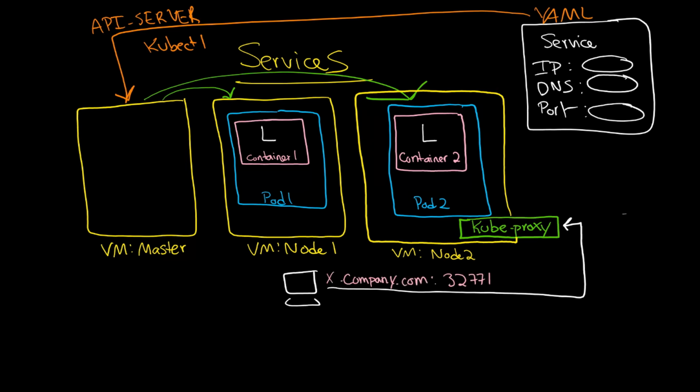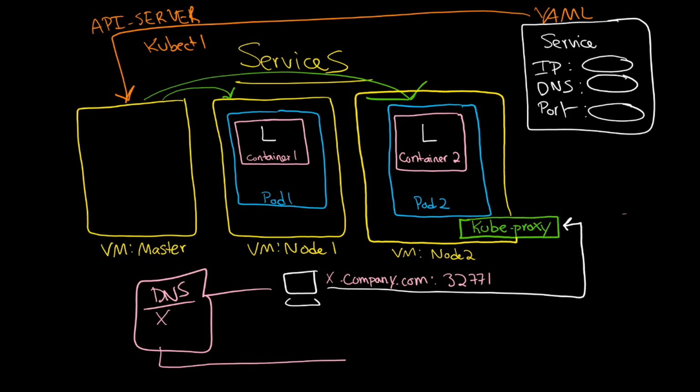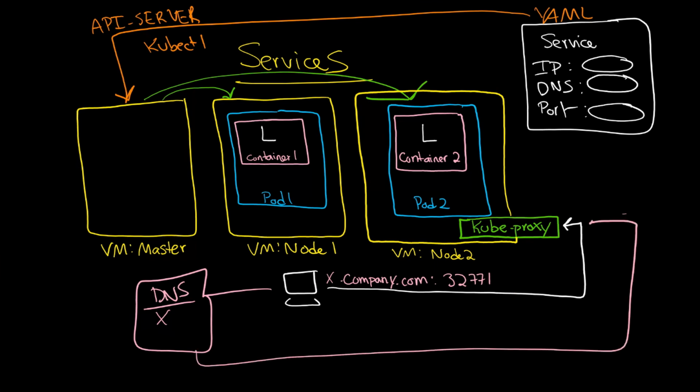So the client can open up his web browser, go to HTTPS, go to x.company.com. That will do a DNS lookup like always, and find X. It sees X is some referral, an A record or a CNAME, to node 2. And specifically, node 2 will then pick up on its endpoint as kube proxy for port 32771.